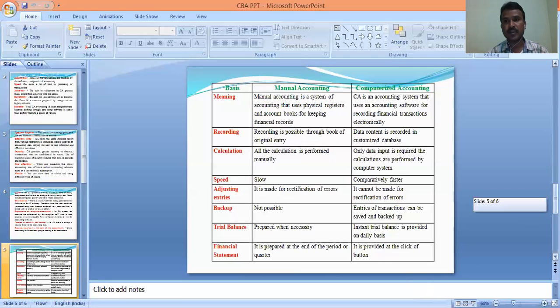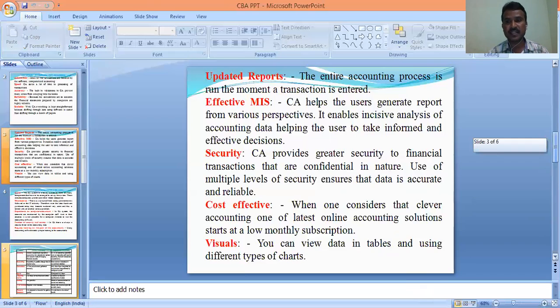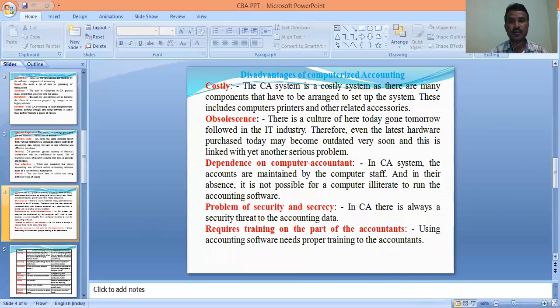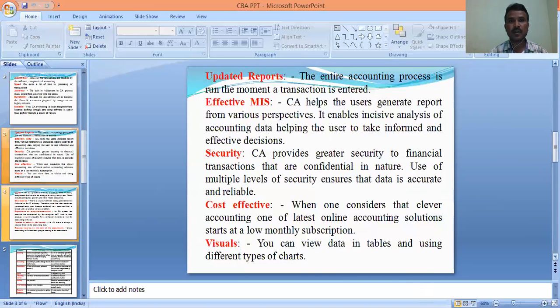Again, let us go back to the previous slides. One minute, I am going to review each one. Advantages of computerized accounting: automation, speed, accuracy, reliability, and scalability. And next, updated reports and effective MIS, security, cost effectiveness, and visuals.